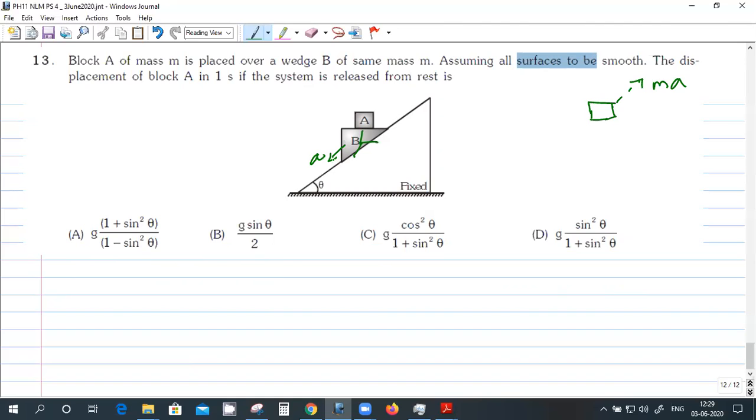There is no friction, it's smooth. So you have to find the velocity of block A. It will be accelerating.